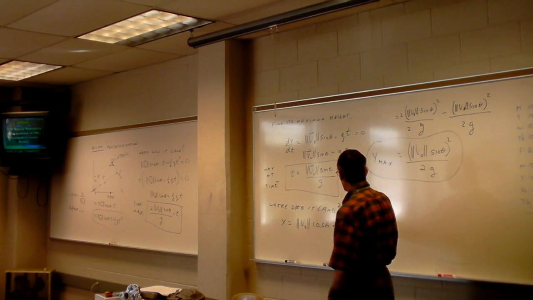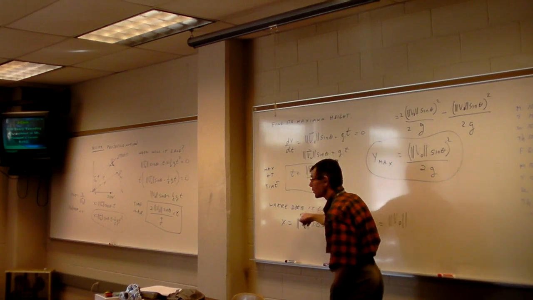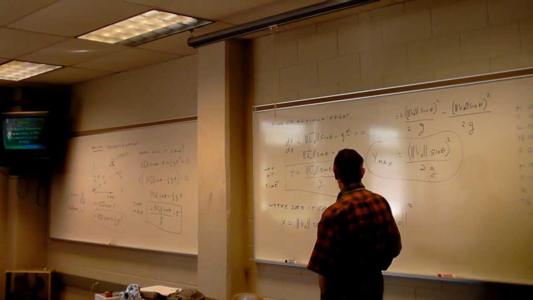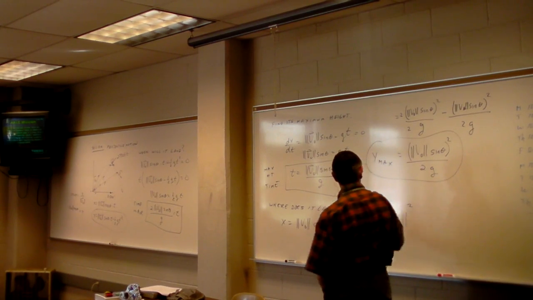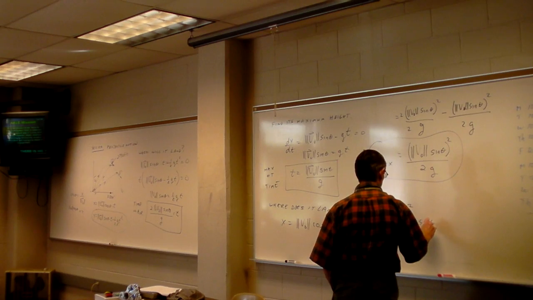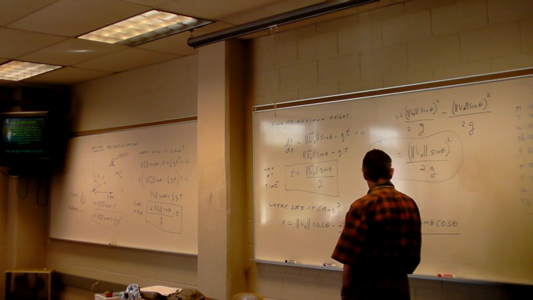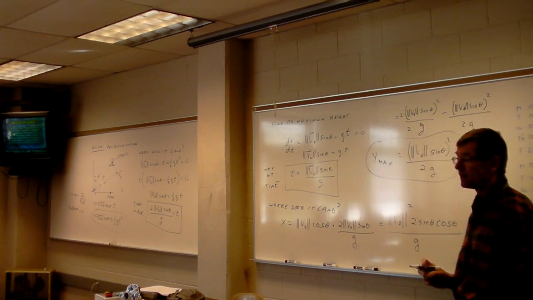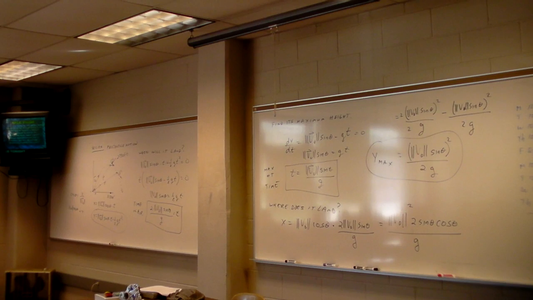Okay, so this becomes the initial velocity squared times 2 times the sine of theta times the cosine of theta, all over g. Okay, pre-calc people, what's the identity for 2 sine of theta cosine theta?